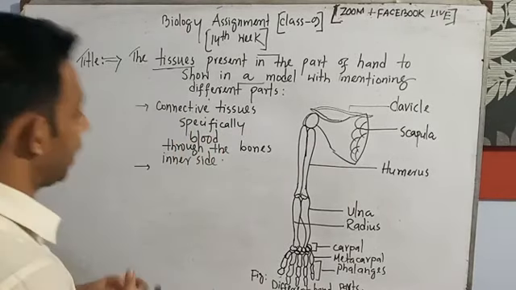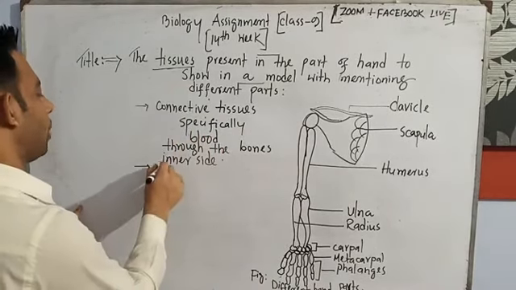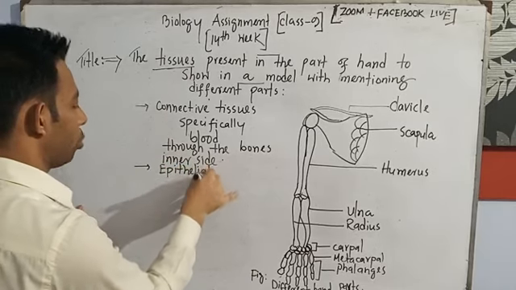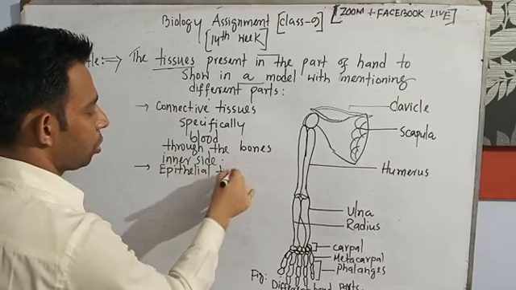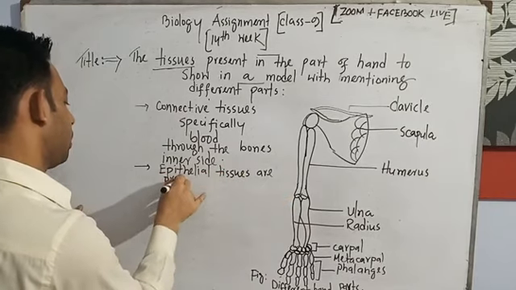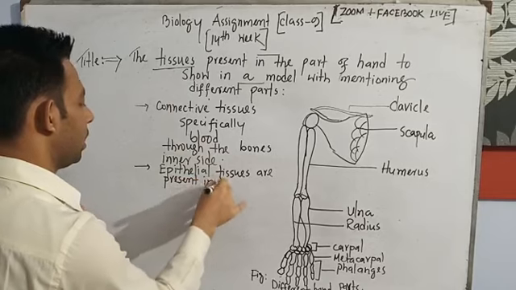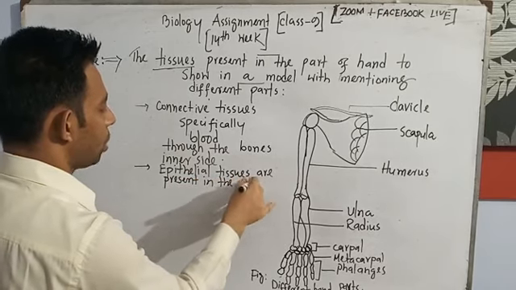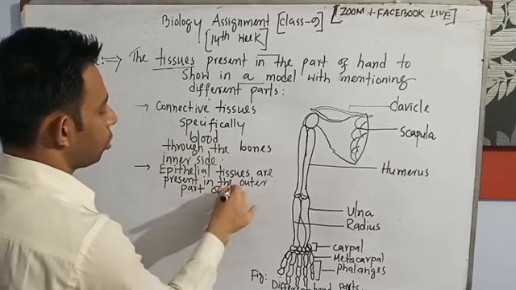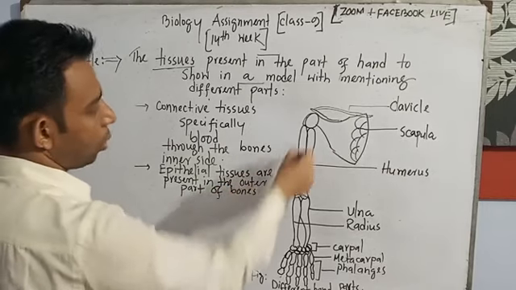So epithelial tissues are present in the outer part of the bones. Okay, outer epithelial tissues.